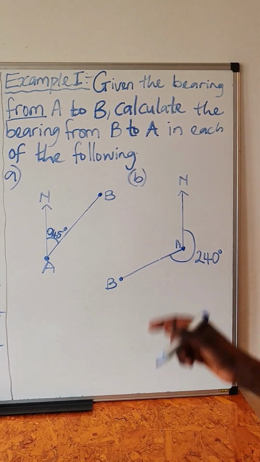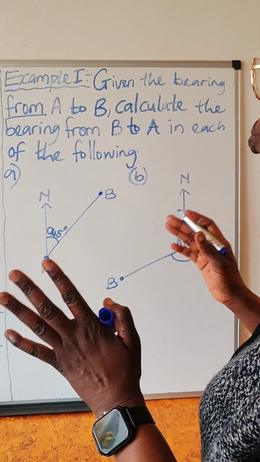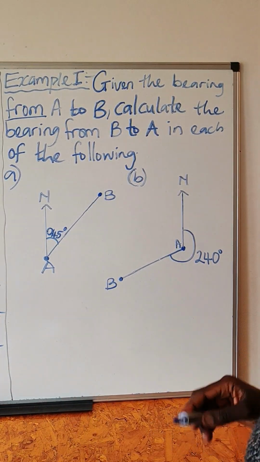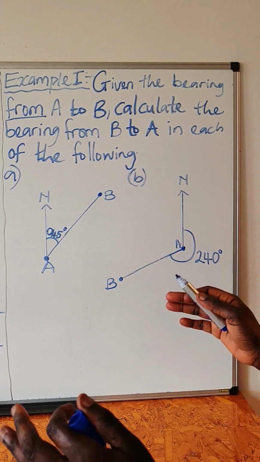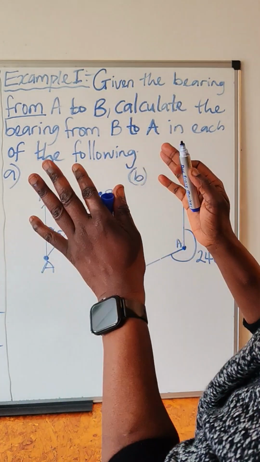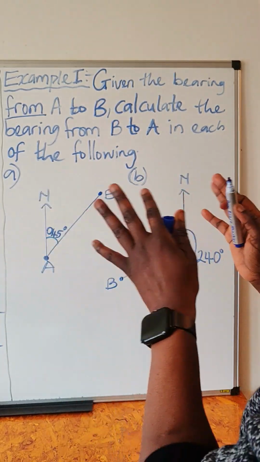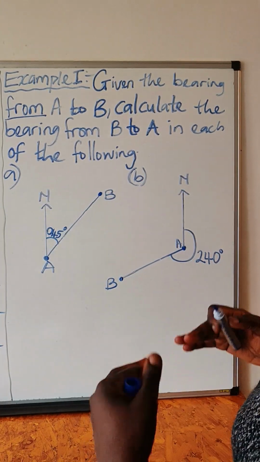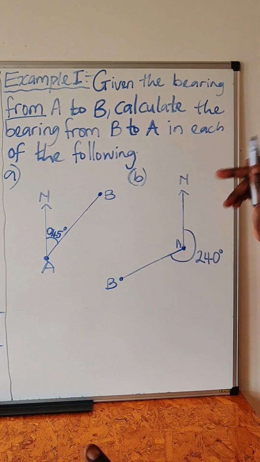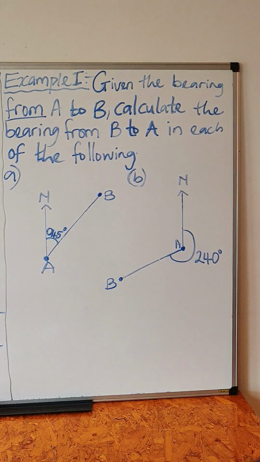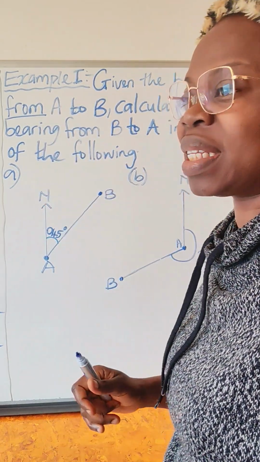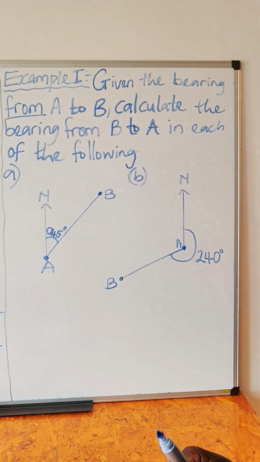Okay guys, given the bearing from A to B, we are asked to calculate the bearing from B to A. What I'm trying to tell us is the statement bearing from A to B can also be written as the bearing of B from A. This preposition "from" is very important in bearing.